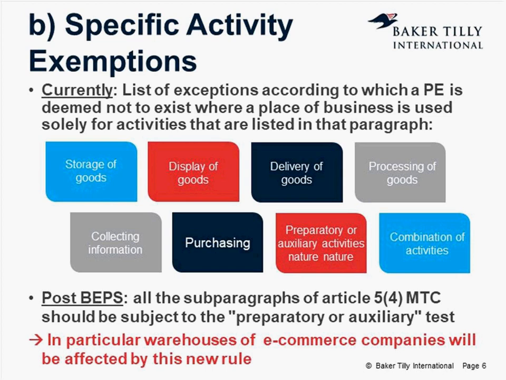The example that you can find on the slide is the e-commerce companies, because even if for companies that are producing goods, storage of goods, display of goods might be preparatory or auxiliary activities, for those e-commerce companies, this is part of the core business because it's typical for their business model and their business chain.